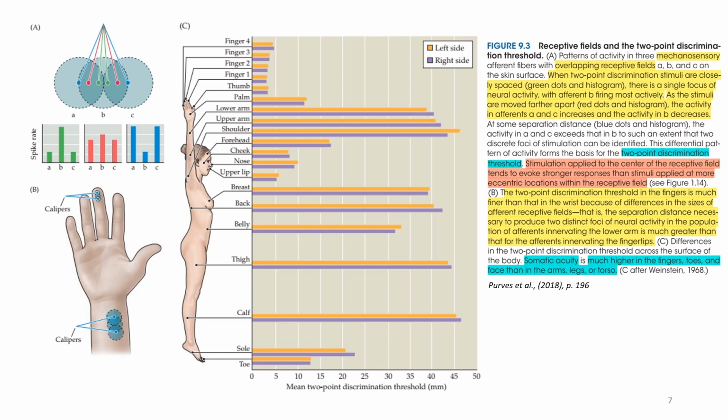So we observe, for example, using this two-point discrimination threshold task with the help of a tool called calipers, that so-called somatic acuity, so our sensitivity to tactile stimulation, is highest in our fingers and our toes, as well as on our face, compared to, let's say, the arms or the legs or the torso.